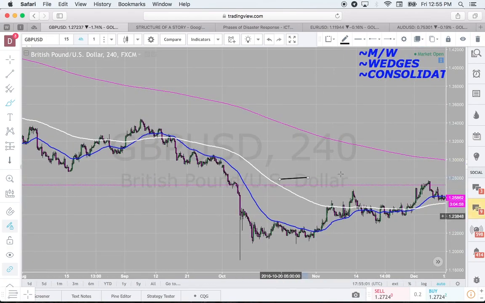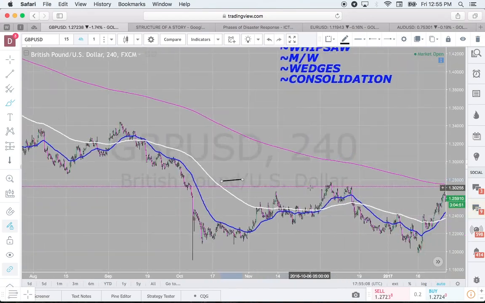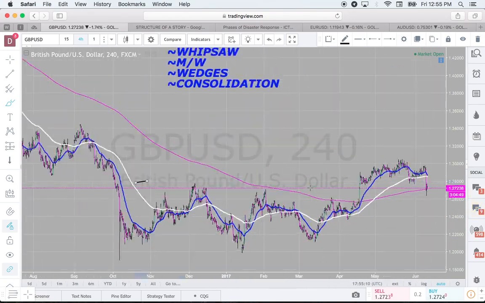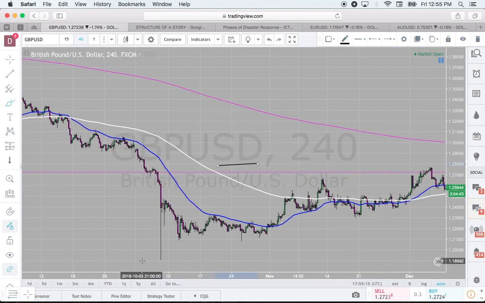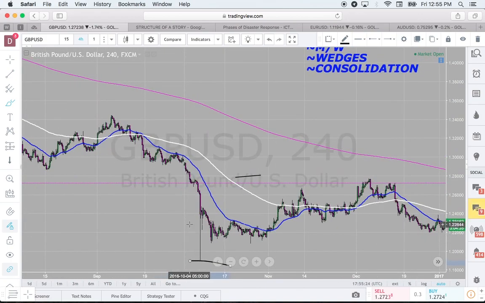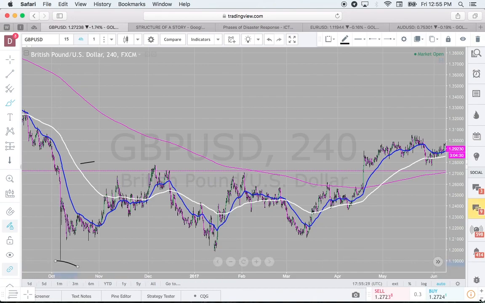For example, this is a larger time frame, but this happens on all time frames. Just an example is GBP USD. Brexit happened, and then after Brexit there was a spike to the low out of nowhere. There was no news, nothing happened, and just a massive spike to the low that the dealer created, that low here at 1.19, and then worked off of that low.